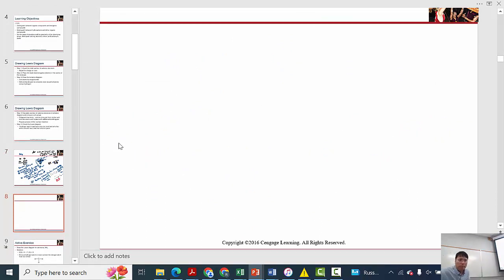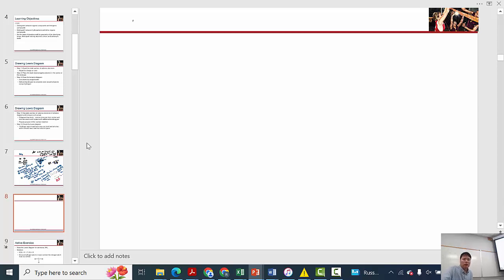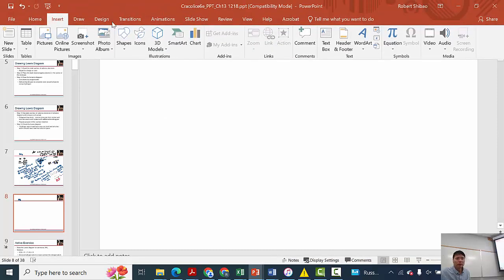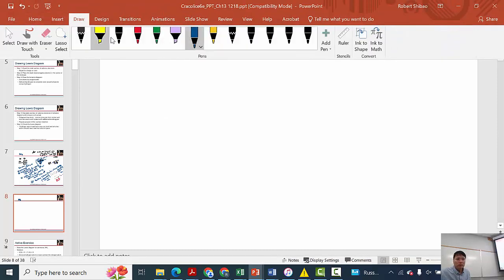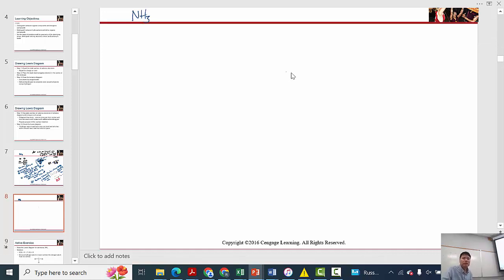So when we do Lewis structures, for example, ammonia, NH3, I'm going to do that one here. We're going to do this in these steps. The first step is to total up the number of electrons.